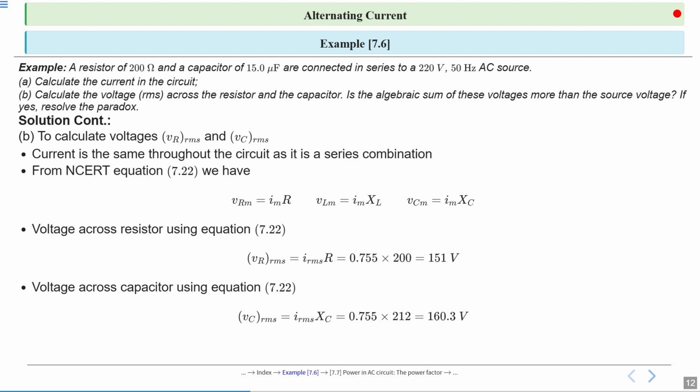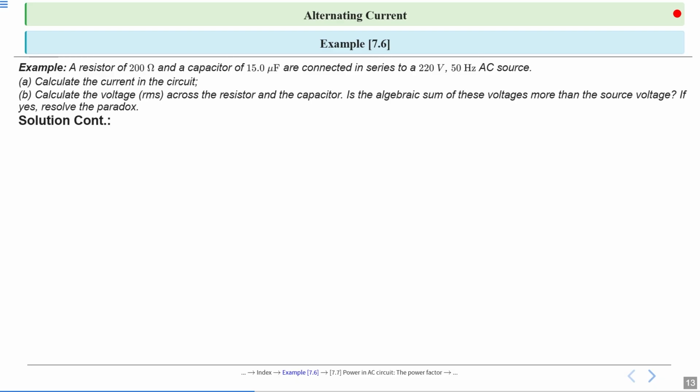Now we will take the algebraic sum of both these voltages. VRRMS is equal to 151 volt, and RMS value of voltage across capacitor is equal to 160.3 volt.